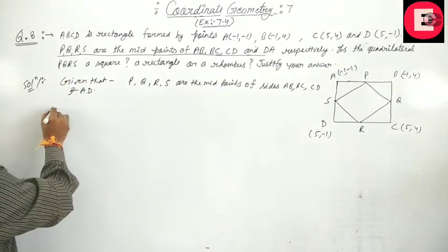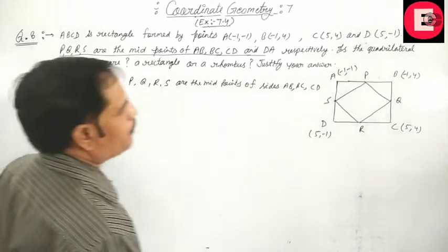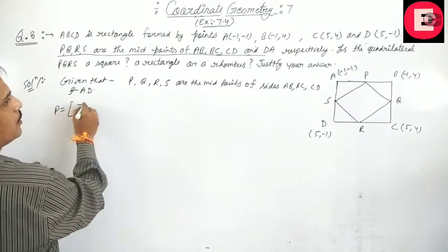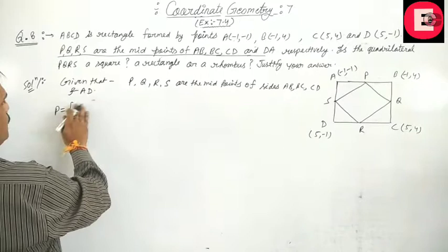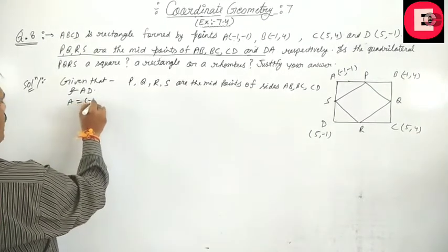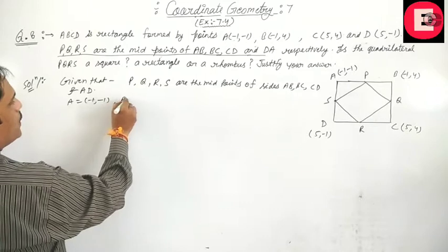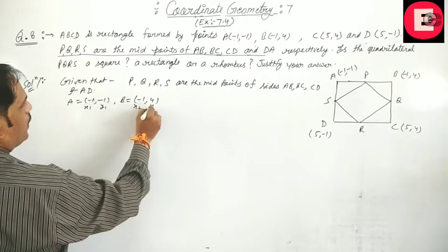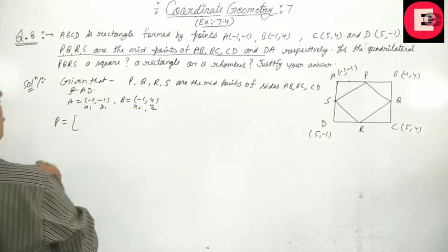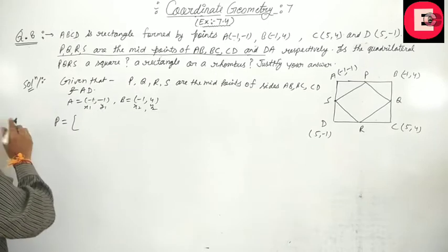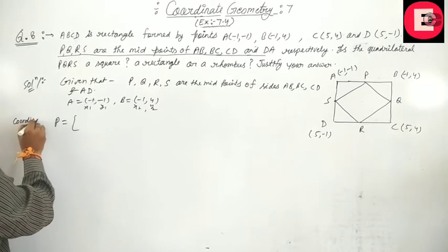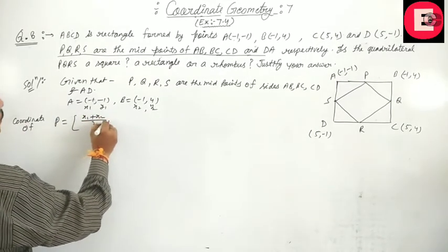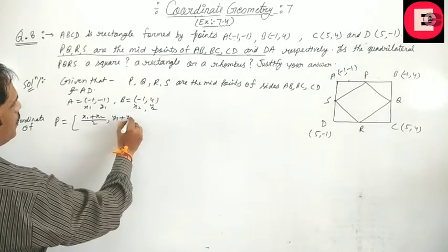Now for P. Here A is equal to minus 1 and B is equal to minus 1 and 4. Here x1 and y1, x2 and y2. So the coordinate of P is x1 plus x2 upon 2 and y1 plus y2 upon 2.